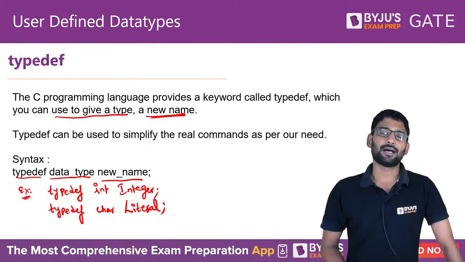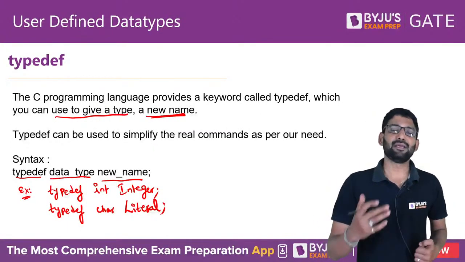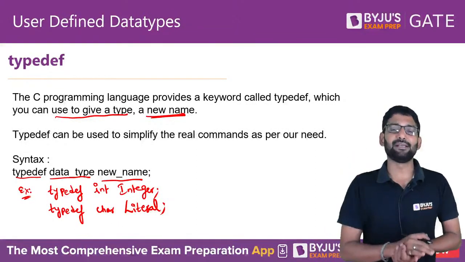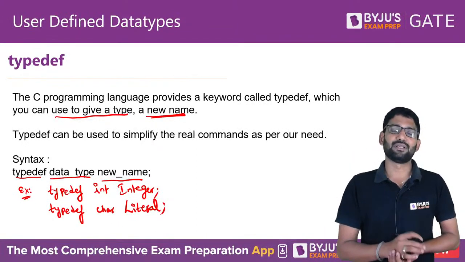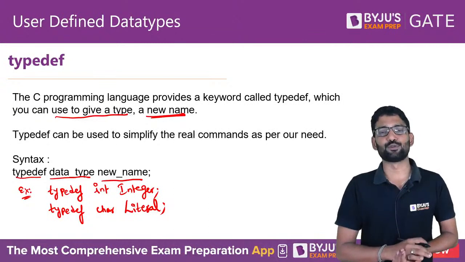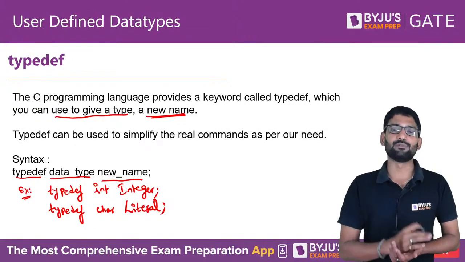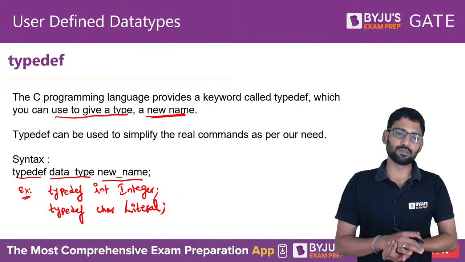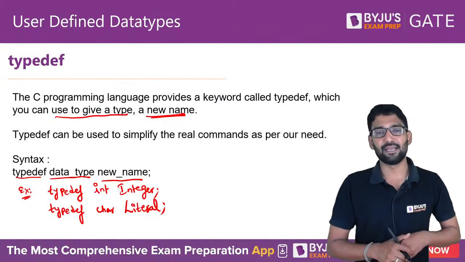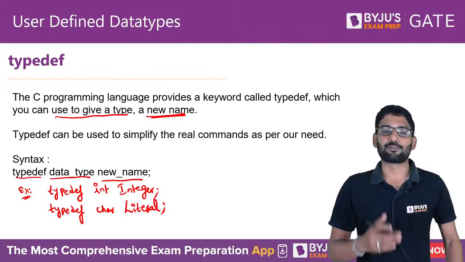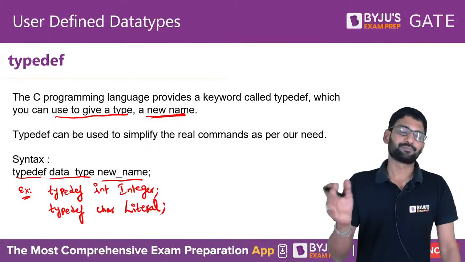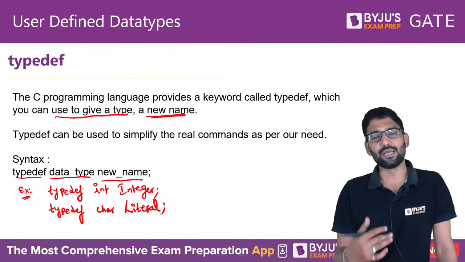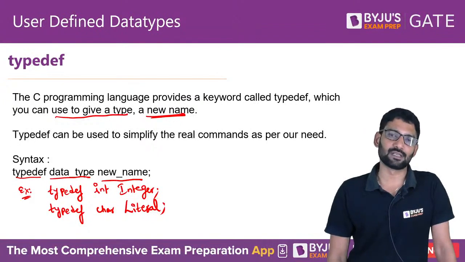Like this, I can assign any valid identifier name, meaning it should start with a letter or underscore, no space, no keyword, no symbol except underscore. Following these rules, you can assign any name, and from that moment onwards, you can use the new name instead of the actual original old name.